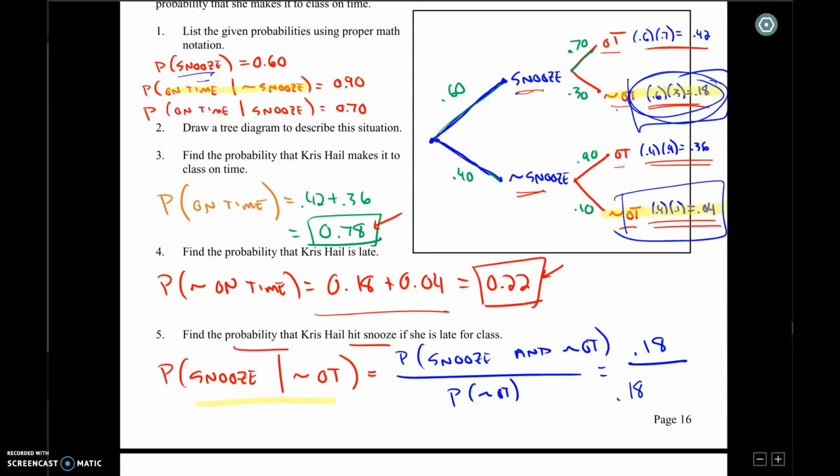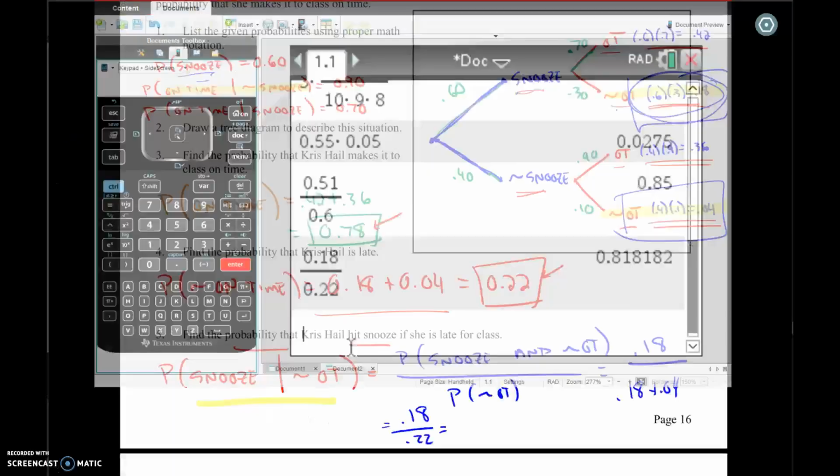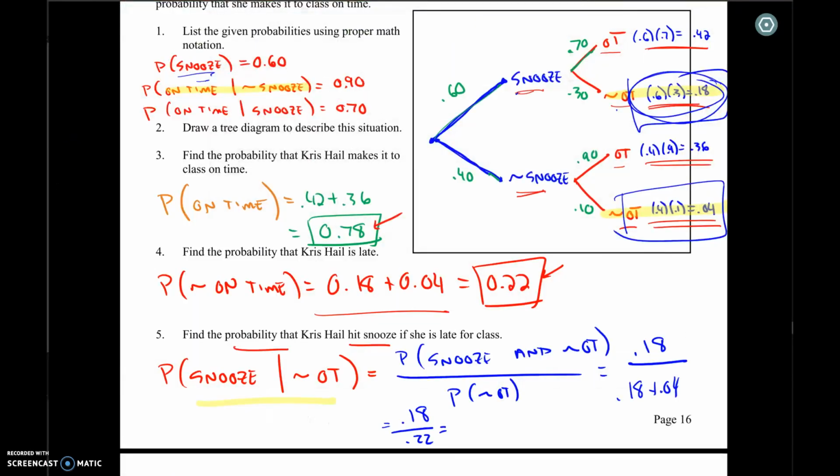So that's 0.18 plus 0.04. So that is 0.18 divided by 0.22, which is 0.818, or 82%. So if she's not on time, there is an 82% chance that she hit the snooze.